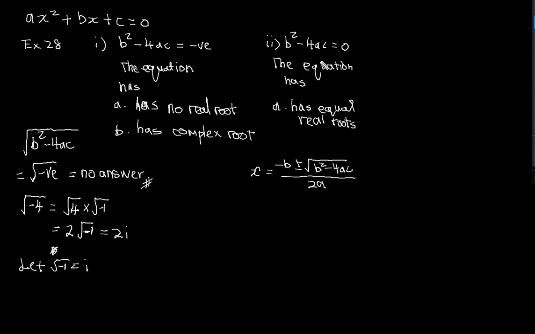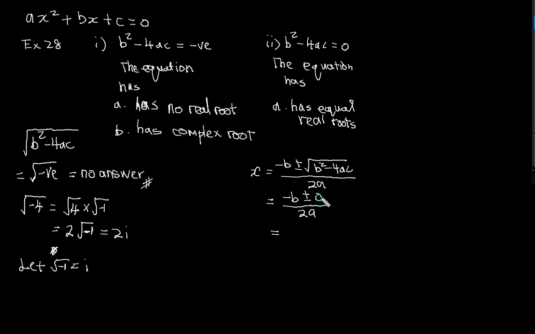Now, if b squared minus 4ac is equal to 0, that means the value inside the square root is equal to 0. So it becomes minus b plus minus 0 over 2a. Why is there an s in equal roots?